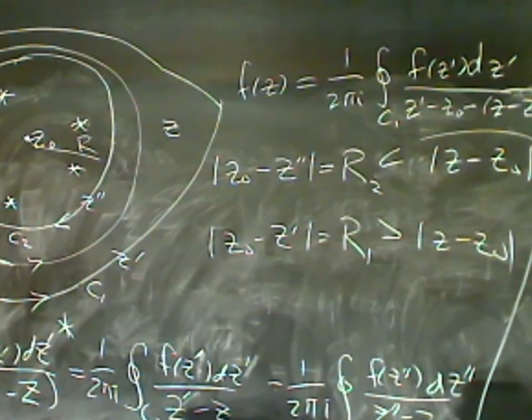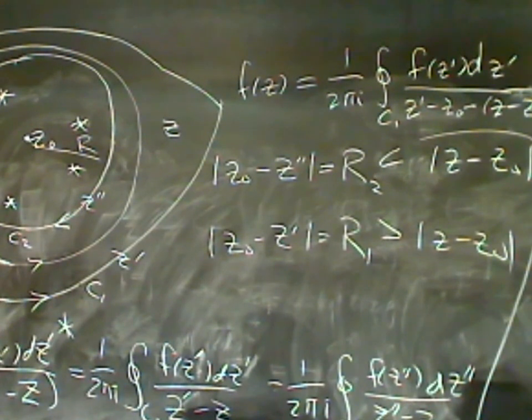All right, what one often does is rewrite this series, and one says f of z is the sum, n equals minus infinity to plus infinity, of a sub n times z minus z0 to the n, and then writes a sub n equal to 1 over 2 pi i, integral around the contour f of z dz over z minus z0 to the n plus 1.